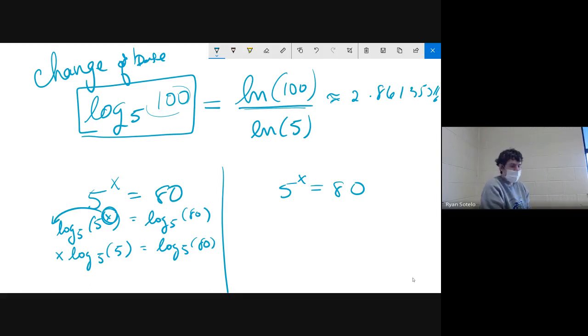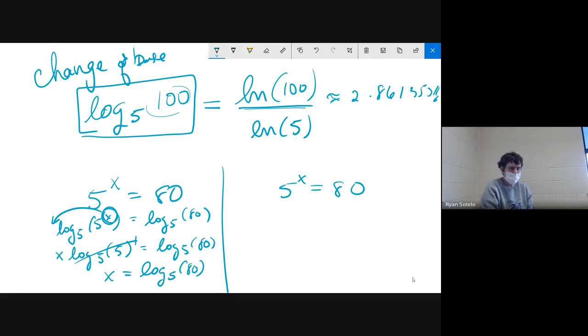Now, how many times do I have to multiply 5 by itself to get 5? Just once, right? So this is just 1. Anytime you have a log of a number that's the same base as that number, that's just 1. So x times 1 is just x. So x has to be log base 5 of 80. That would be the answer.